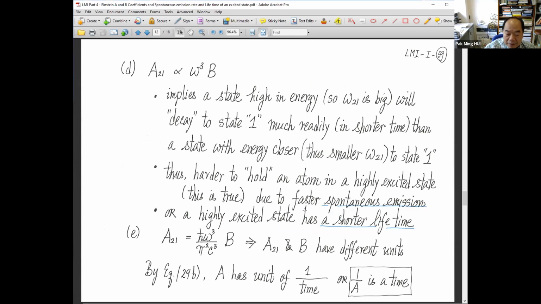And the next point is this omega cube thing. Basically, it says the following. This is the one, state number one, all right? The point is, state number one, if you have a higher state here, big energy difference, spontaneous emission rate here, compared to another, say, even higher in energy, this is very unstable, okay?